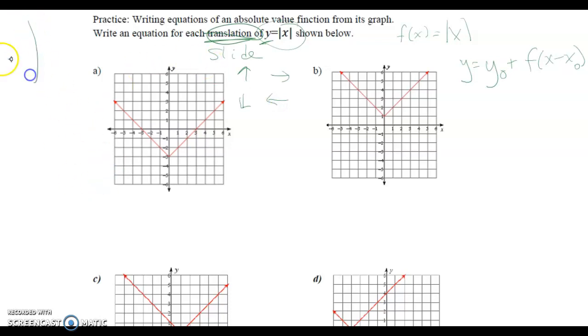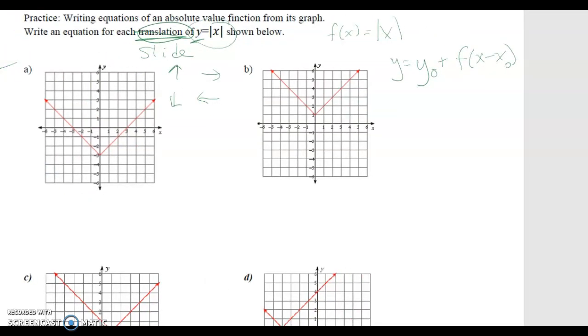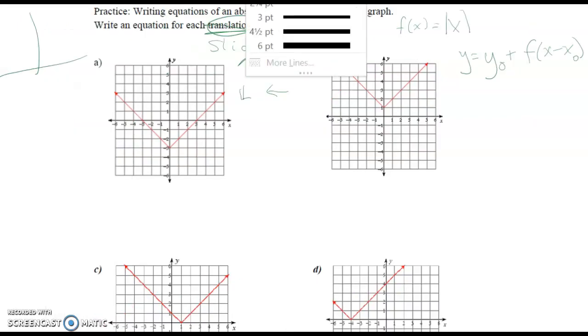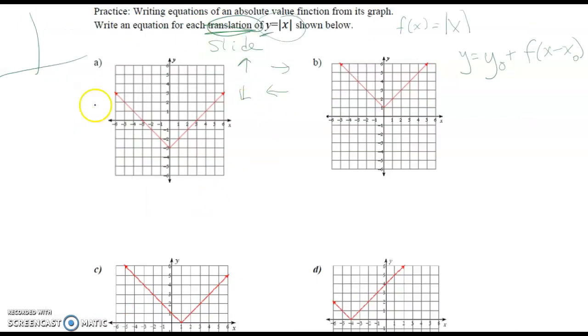So you want to recognize the fact that these are absolute value functions. The first thing you want to think about is, oh, my parent function looks like that little v that has its little crazy vertex right here at 0, 0. So this looks just like that, except it's been moved down 3.